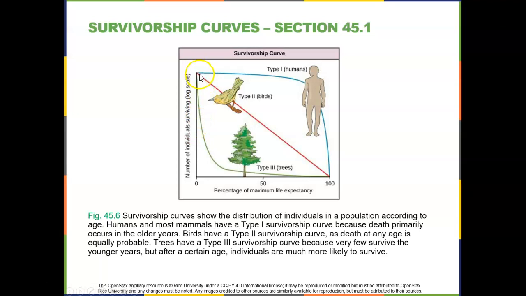And then we have type 2, which are the birds, and we see that there is an equal loss of individuals at a young age, a middle age, and the older age. So it's fairly consistent over the lifespan of the individuals within the population, that you lose some early on, some midlife, and then some as they get into the older life.